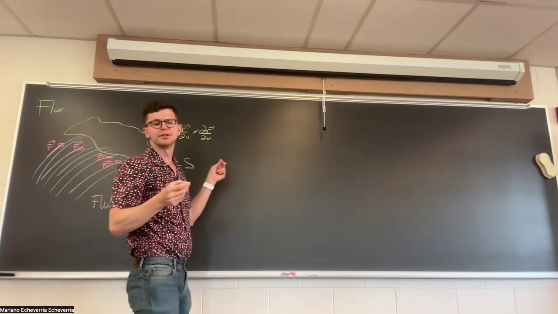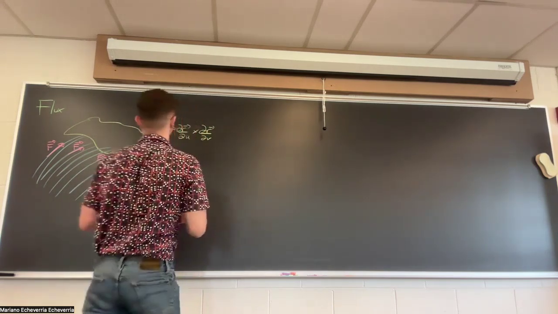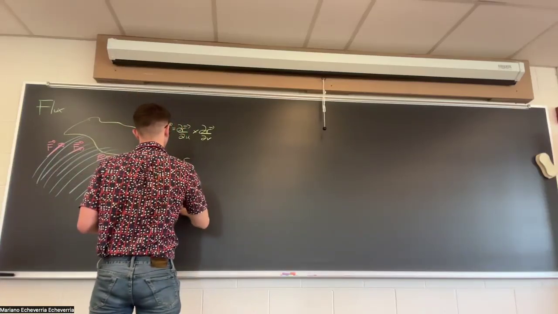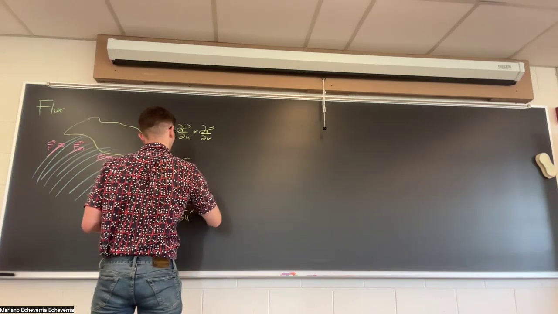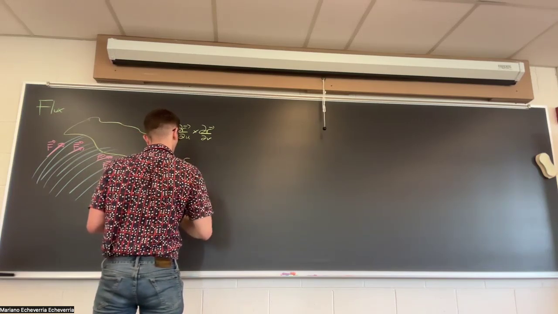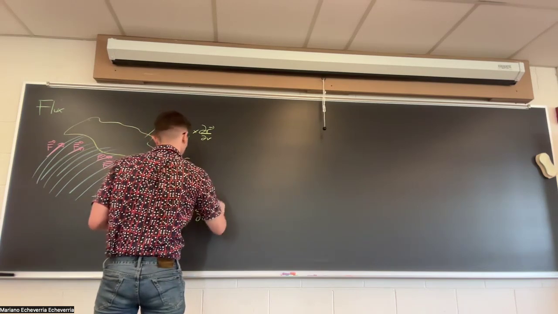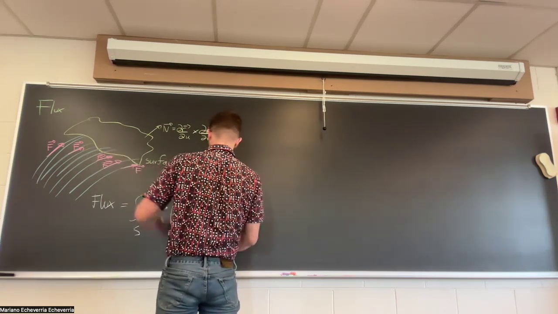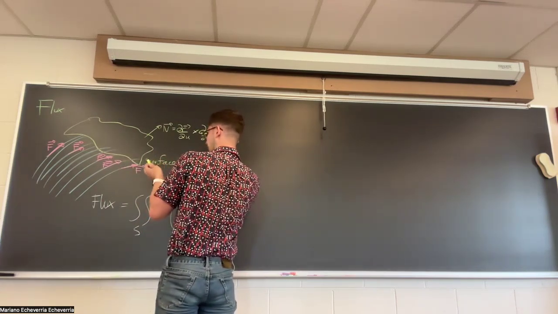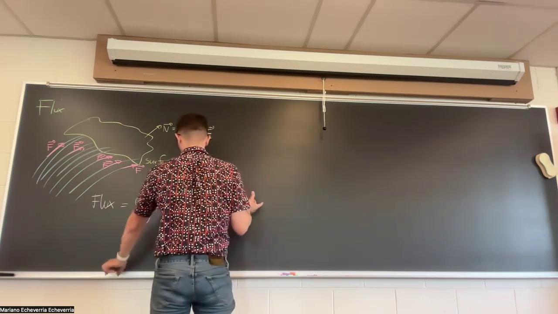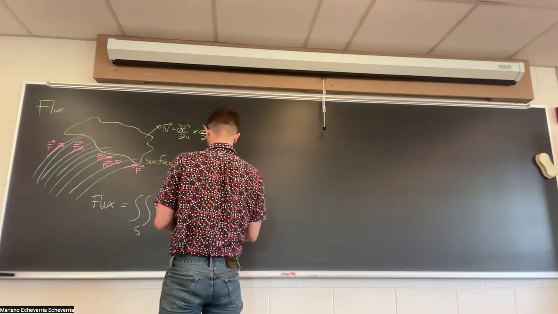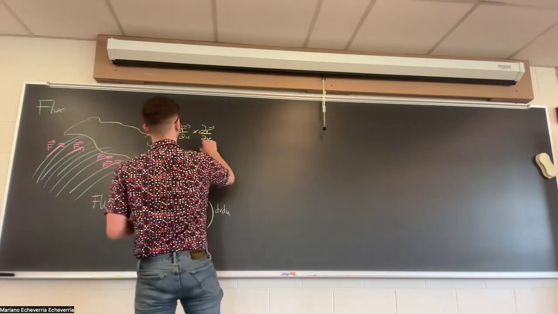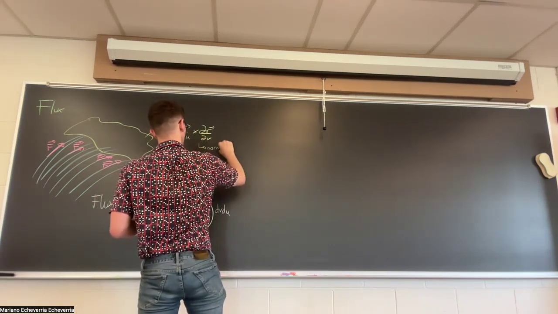I'll do some more examples today about flux. So I'll remind you then how to do this concretely. But in practice, the integral is: you take the dot product between this vector that directs the flow of the substance and the normal vector to the surface, and integrate that over the surface. So this is the normal vector to the surface.